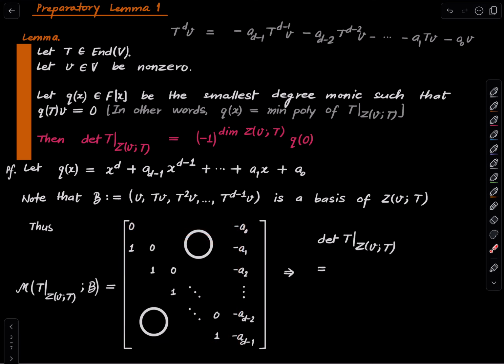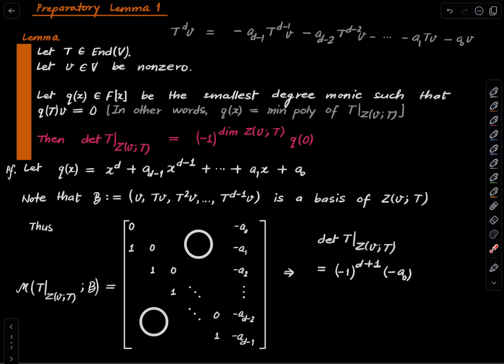Okay, but what is the sign? The sign will be minus 1 to the power d plus 1, because it's the first row and dth column, so 1 plus d, that will be the sign, times the entry, which is minus a0, and times the determinant of that thing, but that thing is the identity matrix.